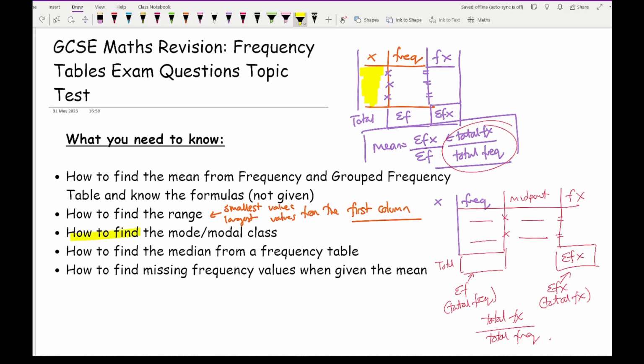Then to find the mode and the modal class, that's basically the row that's got the highest frequency.